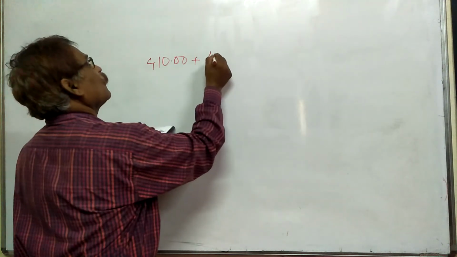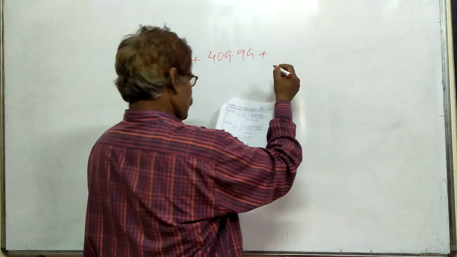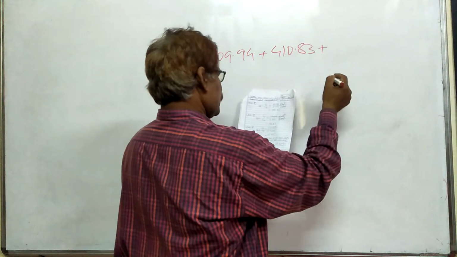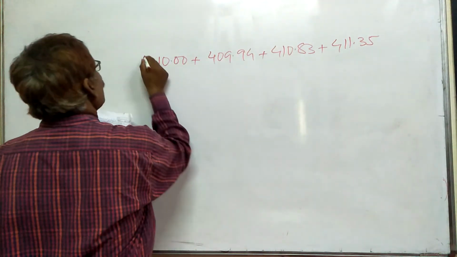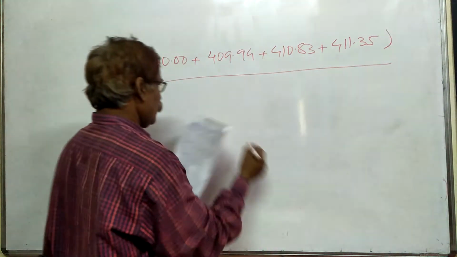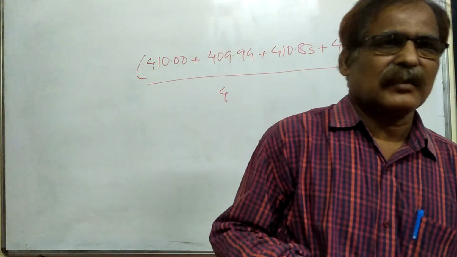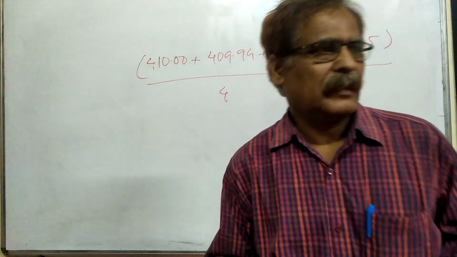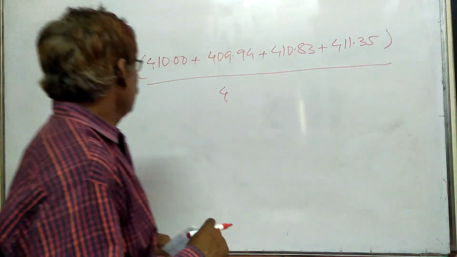The sum of all these partition coefficient values is 410.00 plus 409.94 plus 410.83 plus 411.35, divided by 4, because there are 4 sets of data, 4 experiments under consideration.